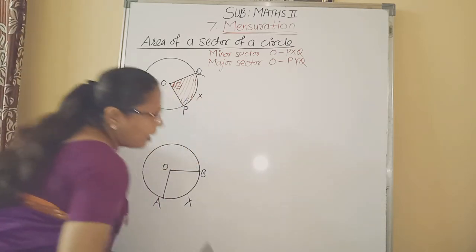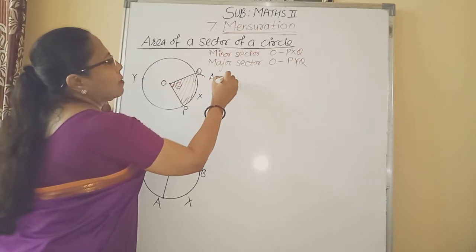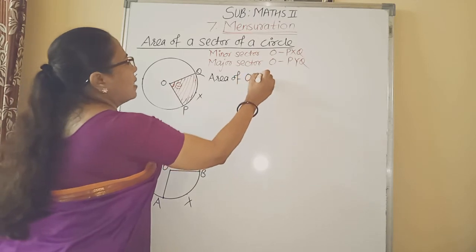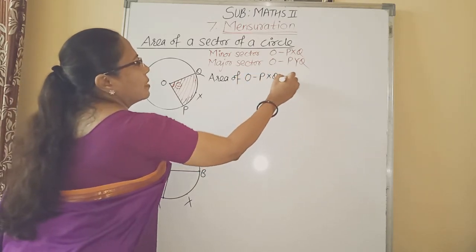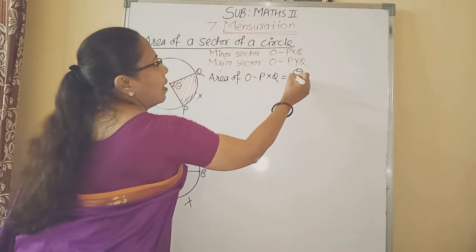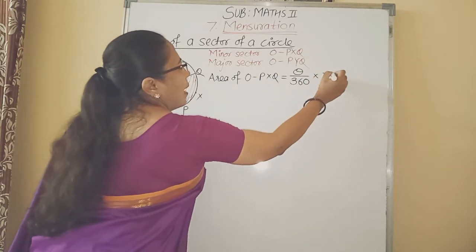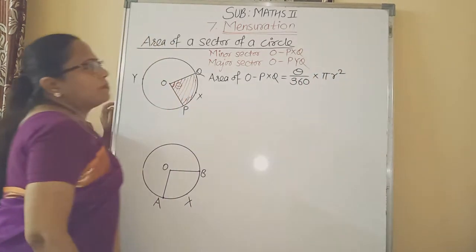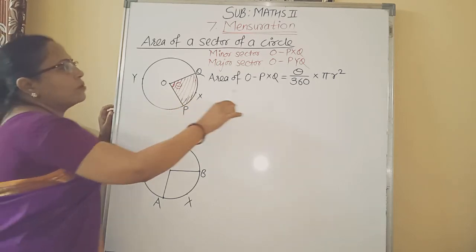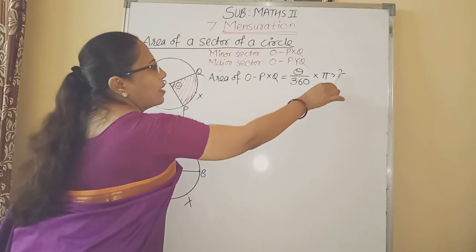So the area of minor sector, O dash PXQ is equal to having formula theta upon 360 into pi r square. Area of this minor sector is equal to theta upon 360 into pi r square.